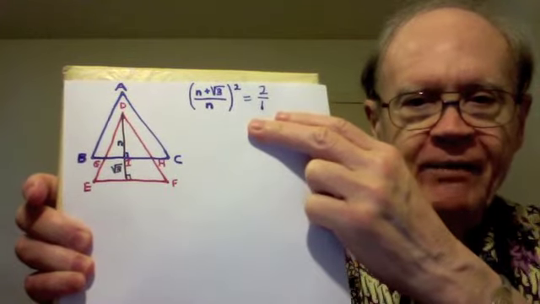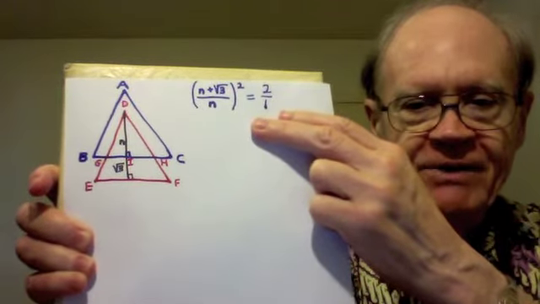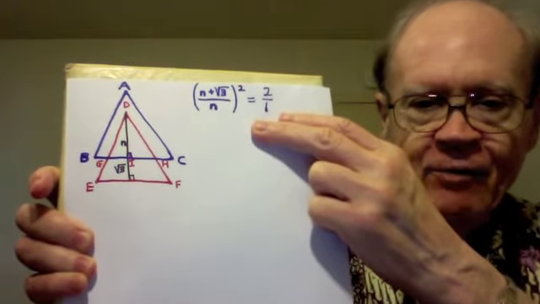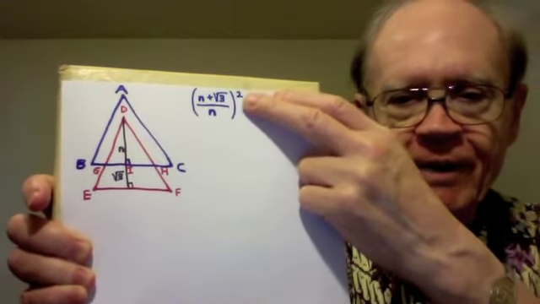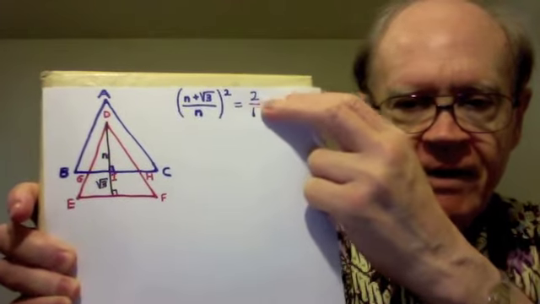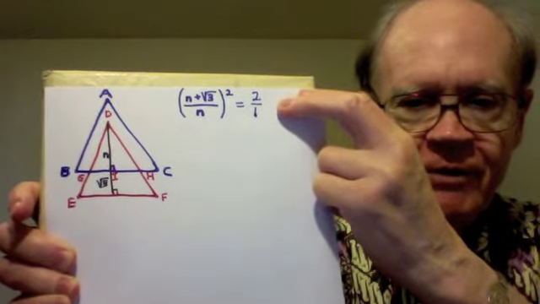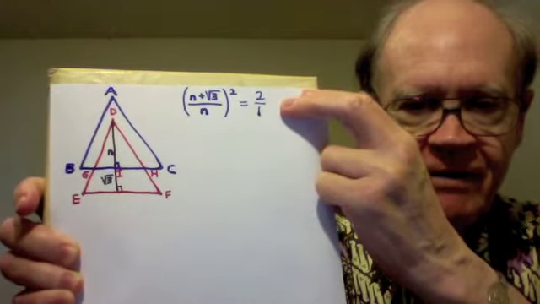By that rule about the ratios of corresponding lengths and ratios of areas, that ratio, N plus root 3 over N, squared, equals the ratio of the two areas, which, as given, is 2 to 1.